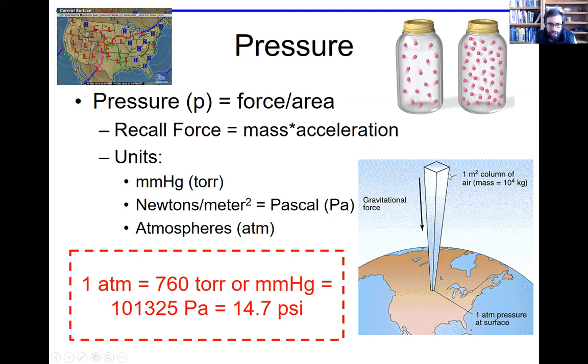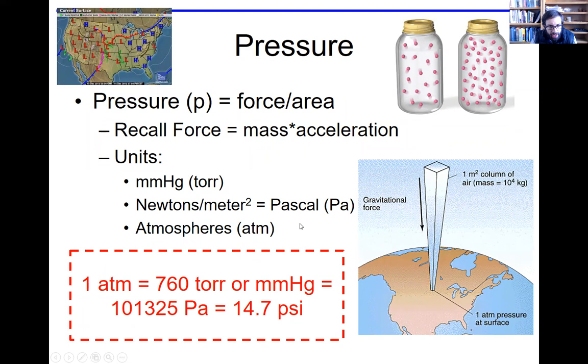Well, it's just the weight, the mass of all the air above you, this column of air extending all the way out into outer space, times the acceleration due to gravity, the gravitational acceleration constant, 9.8 meters per second squared. And so that's a force divided by an area.